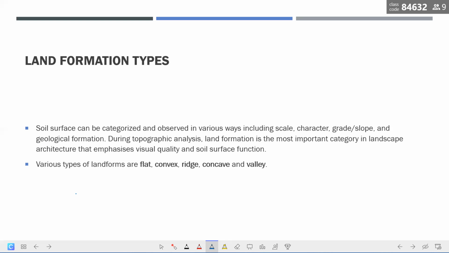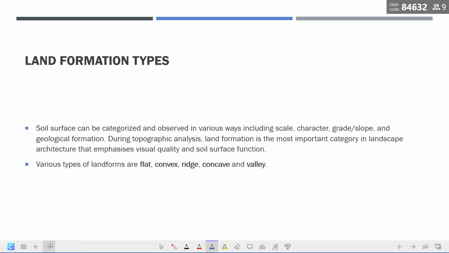So in landscape architecture, the more challenging the topography, the more exotic, the better the visual quality. The various categories of landforms are flat lands, convex, ridge, concave, and valleys.